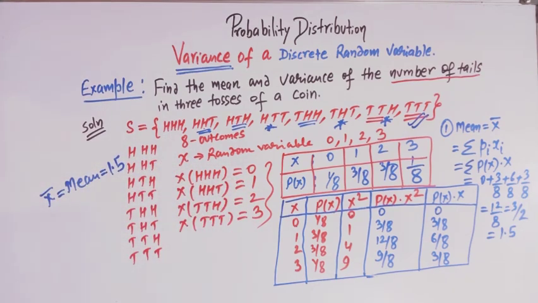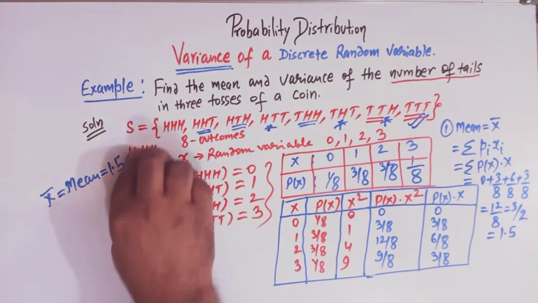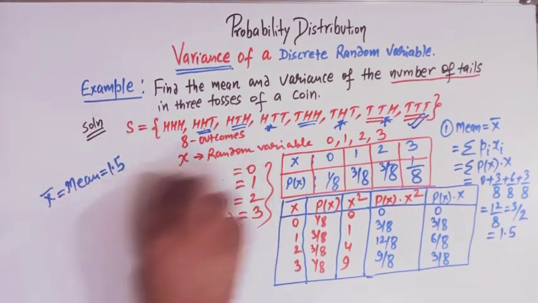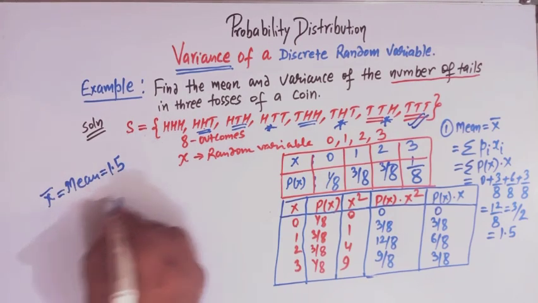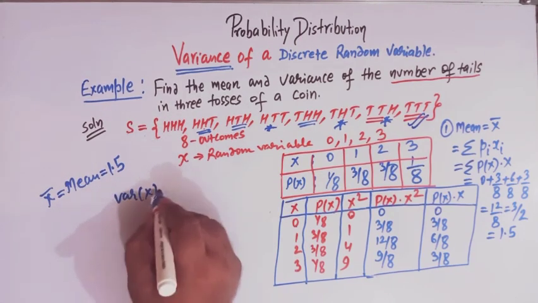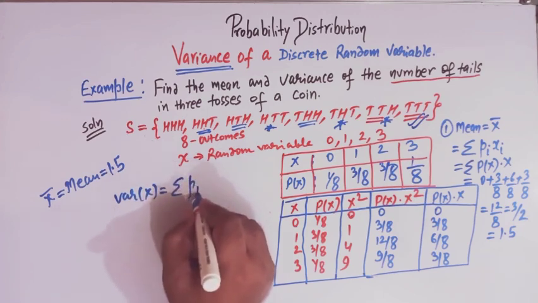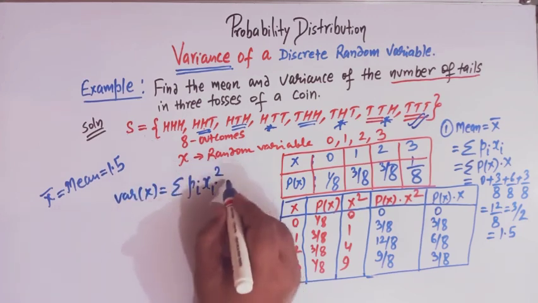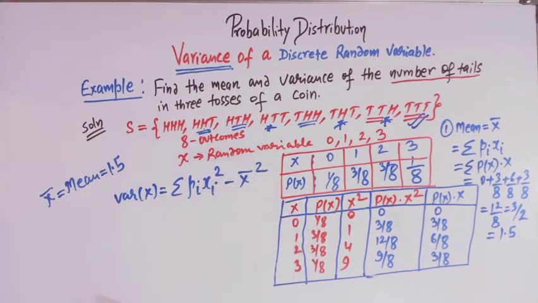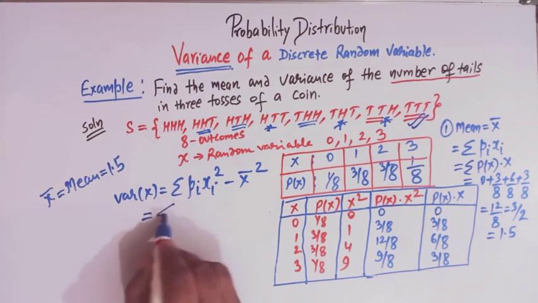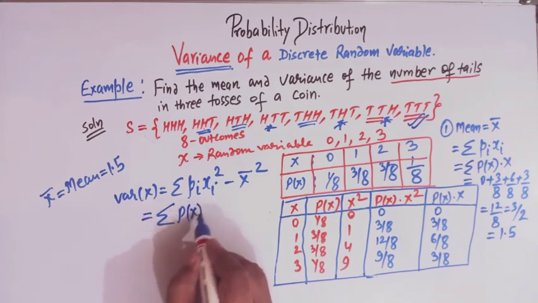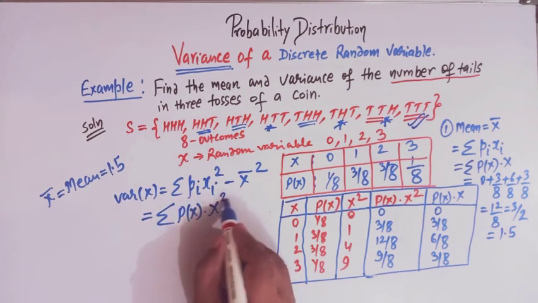Now we have to find the variance. The variance can be obtained by the formula: variance of x is sigma pi xi square minus x bar square. Sigma of pi xi square is the same as sigma of px times x square.